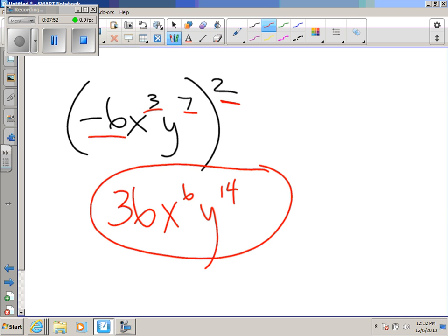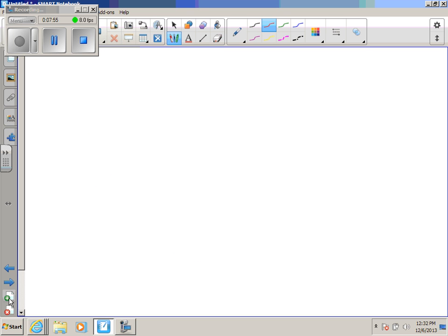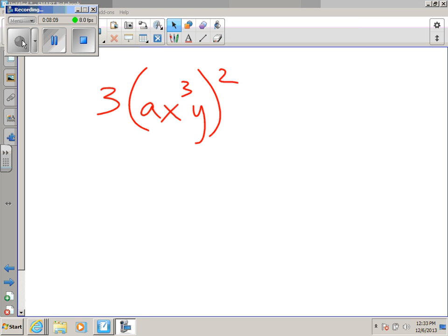Step it up a notch. I think order of operations. What's happening between the 3 and the set of parentheses? So I've got multiplication, and I've got what? Exponent. What comes first? Well, parentheses would if there was anything I could do inside.